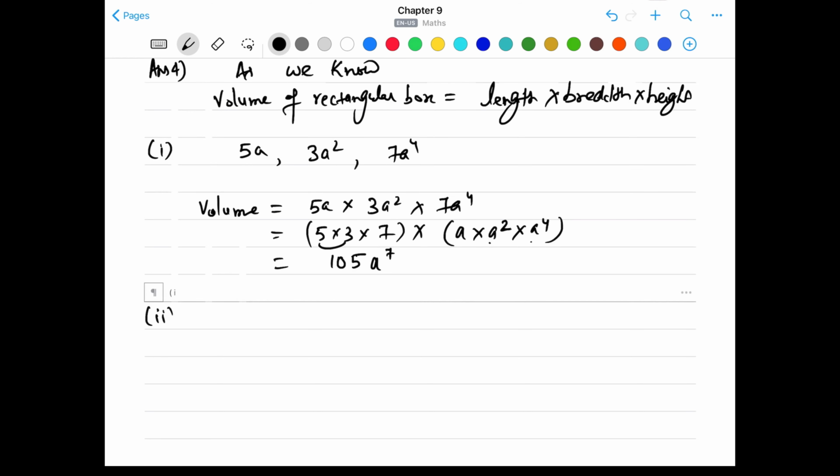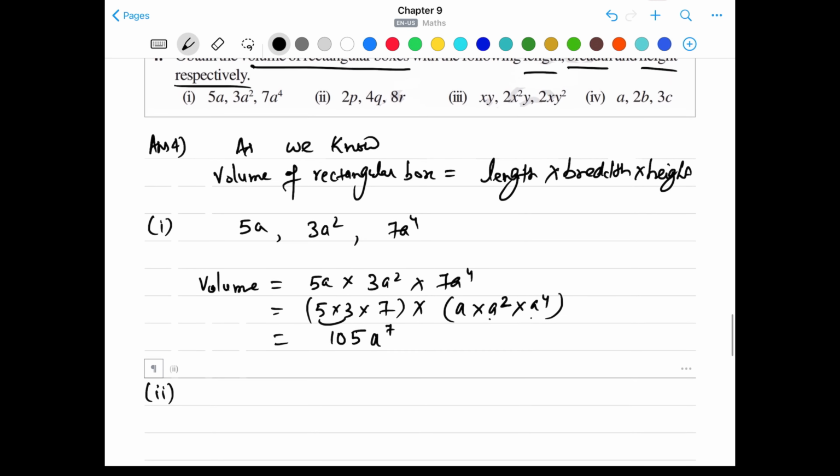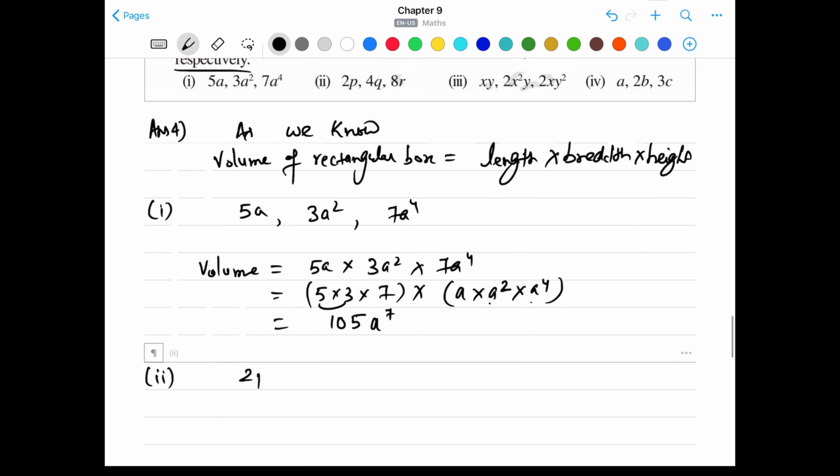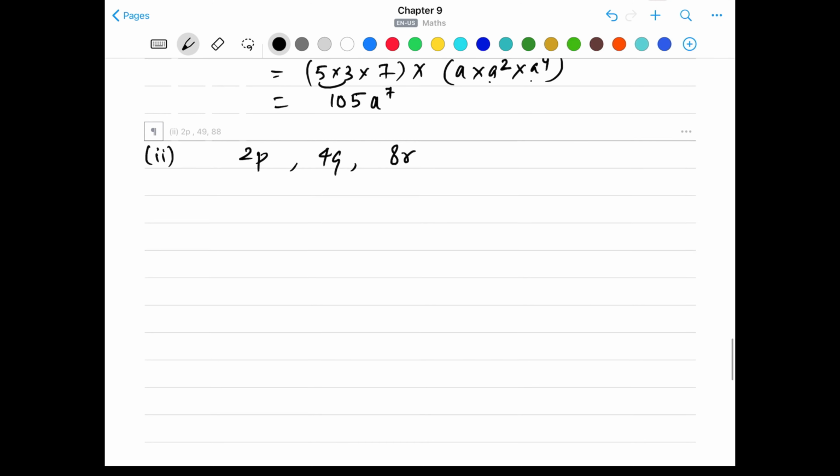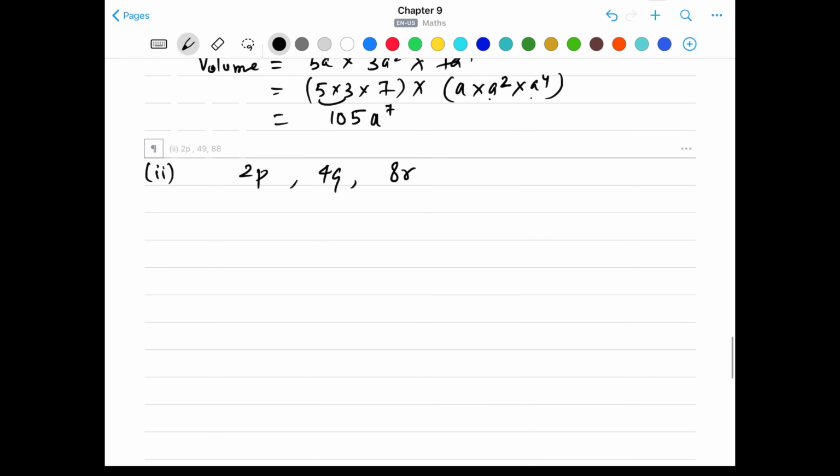Let's come to the second one. Here the measurements are 2p, which is the length, 4q is the breadth, and 8r is the height. Okay, so here volume will be equals to 2p multiplied 4q multiply 8r.